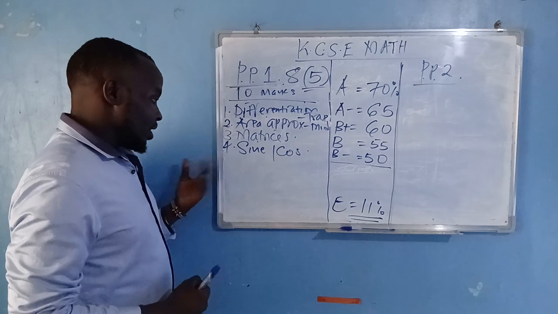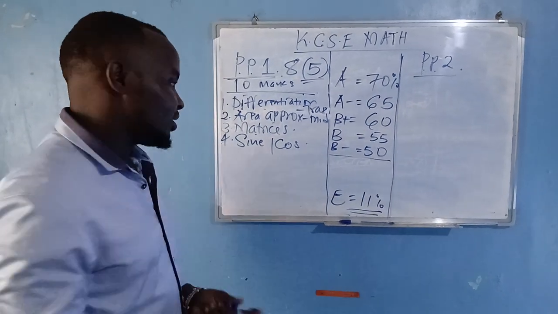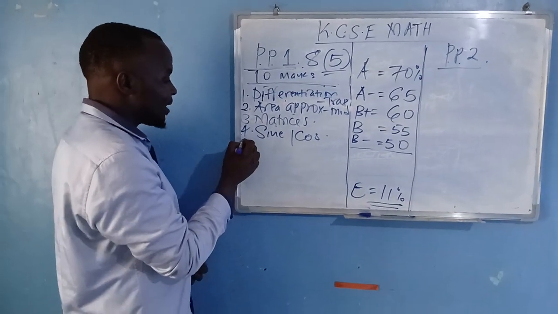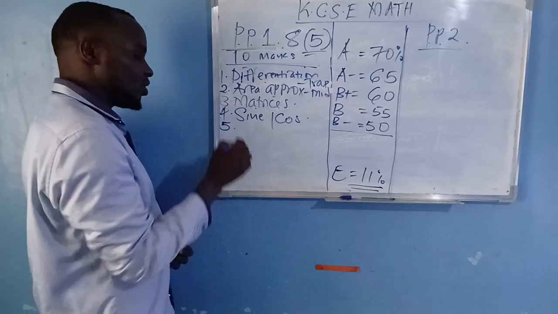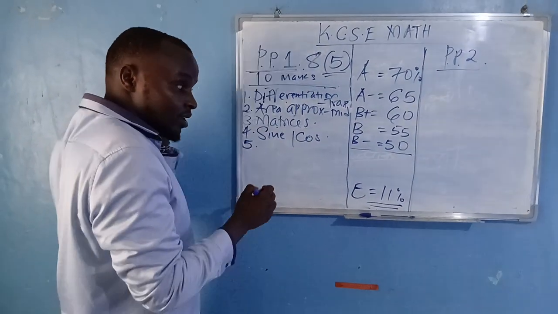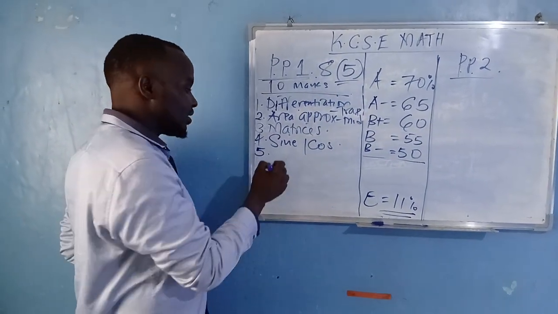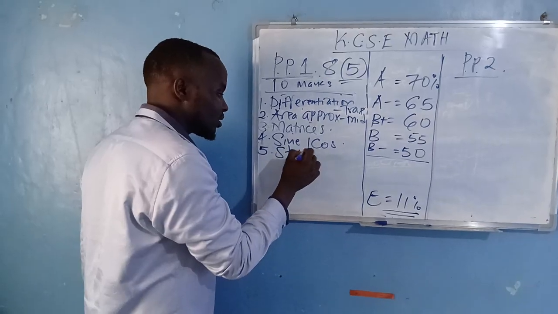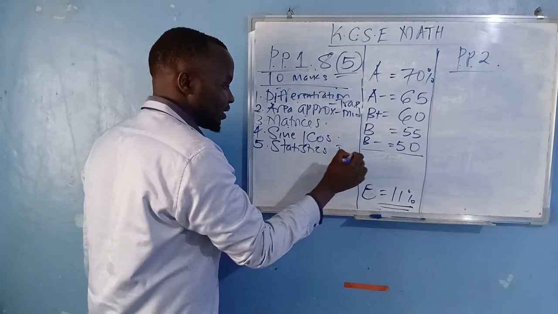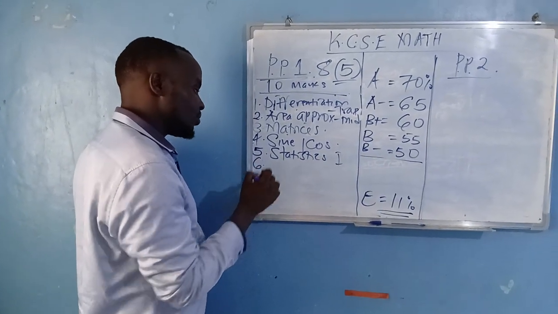So, the much concentration of Paper 1 is in Form 2 work, and the topics which are always tested in Form 2 have never missed in KCSE exam. One of them is statistics. The other topic is measurement.